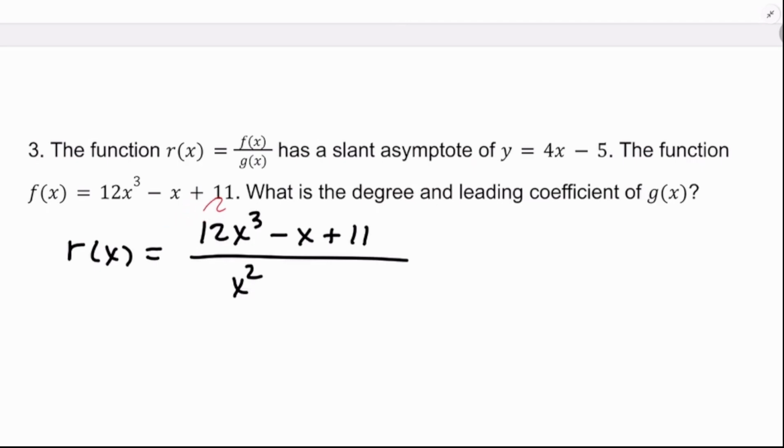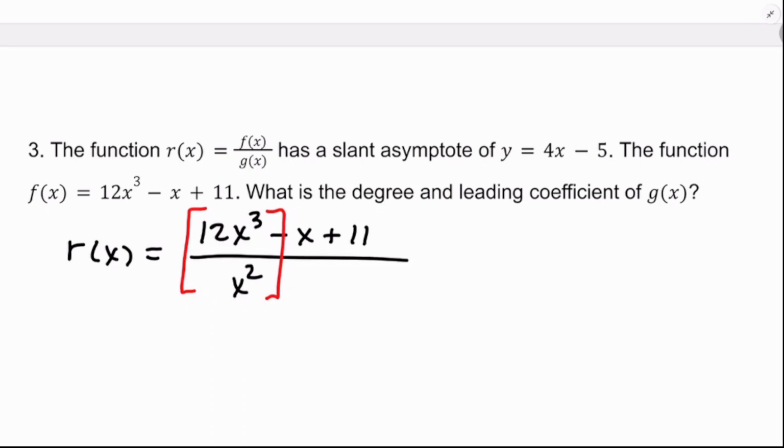Remember that thing that we said about the end behavior of a rational function: if the quotient of the leading terms is a linear function, then the slanted asymptote will be parallel to that line. So we need this end behavior to be 4x.